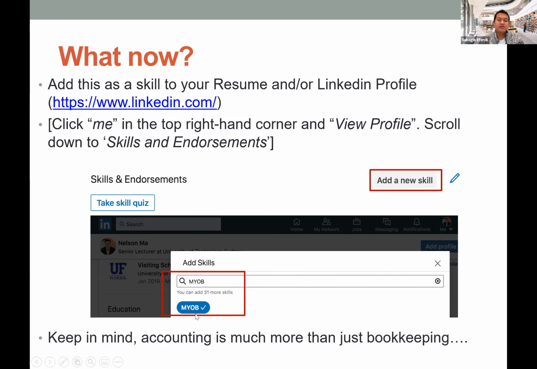I will be happy to endorse your MYOB skill on LinkedIn. LinkedIn is very popular if you want to apply for a professional job after finishing your degree at UTS. The company or the headhunter will check your LinkedIn account as part of the screening or application process.